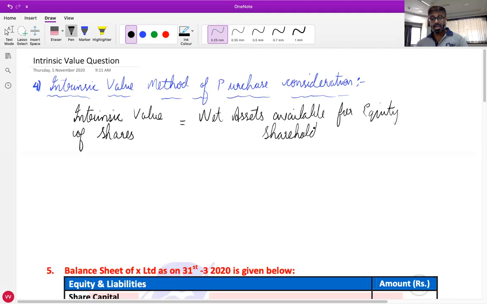We always find it for equity shareholders. Intrinsic value of shares means we are talking about the value of which share? Equity share or preference share? Equity share. Is that clear to everyone? So net assets available for equity shareholders divided by number of equity shares.